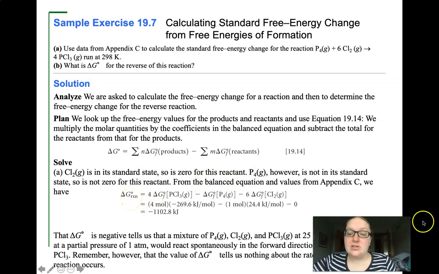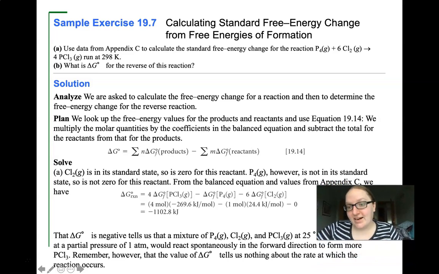So what it says is that delta G is going to equal our 4, so the 4 for PCl3, which is in the balanced equation, times the value that we got from the back of the book, so the appendix. Then we're going to subtract that from the sum of the P4, so one of the reactants, plus the other reactants times 6. So it turns out that the delta G naught formation of Cl2 gas is 0.